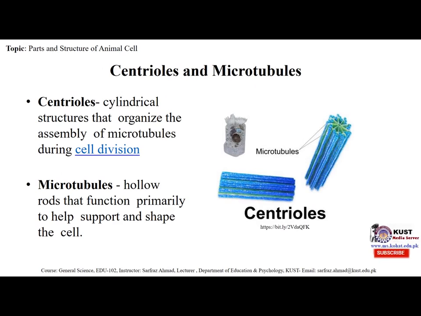Then centrioles and microtubules. Centrioles are cylindrical structures that organize the assembly of microtubules during cell division, and microtubules are hollow rods that function primarily to help support and shape the cells.